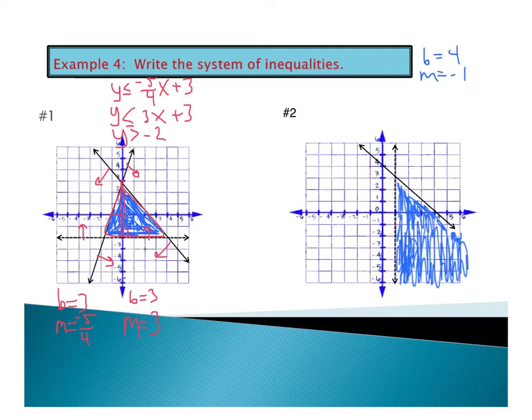So let's write our inequality. We're going to have y, we'll worry about the inequality in a second, negative x plus 4. I am shading below the line, so it's going to be y is less than or equal to negative x plus 4. Let's take a look at the vertical line here. We know that's always an x equals equation.